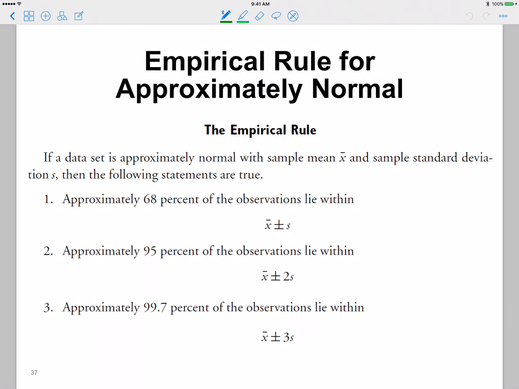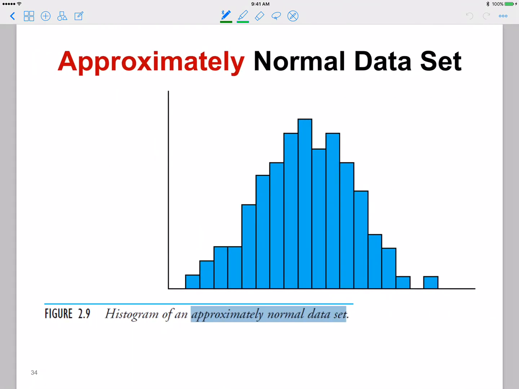Then, if you want to verify or judge whether your data is following the normal distribution or not, we need to have a particular rule, right? In this figure, it looks like a normal, but it's not exactly normal.